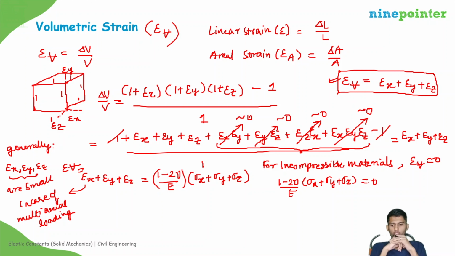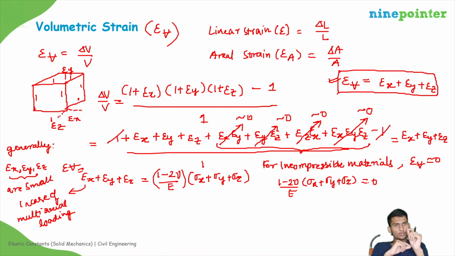See, there are two possibilities. One is 1 minus 2 nu is equal to 0, and the other is sigma x plus sigma y plus sigma z is equal to 0. But what are incompressible materials? In incompressible materials, whatever may be the value of sigma x, sigma y, sigma z, the delta V should be 0, the change in volume should be 0. So in one particular case of loading, sigma x plus sigma y plus sigma z may be 0, but it is not always true, right?